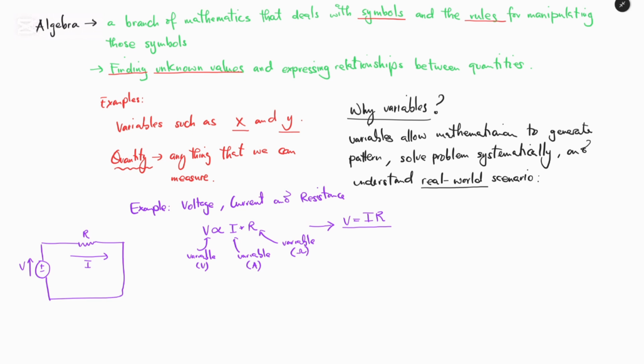And also, if we want to understand the pattern, then whatever value that we measure can be shown in a graph. And we can see voltage, current, and the slope of this graph will represent a resistance.